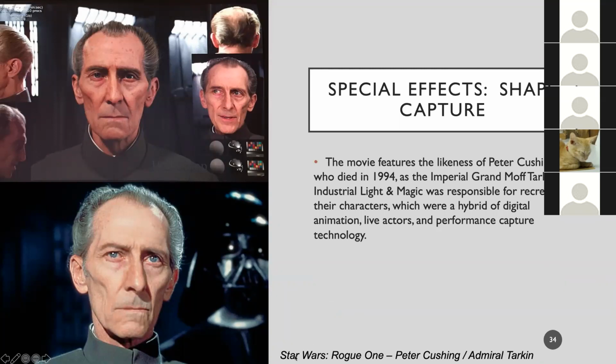I'm not sure if you watched Star Wars before, but in Star Wars Rogue One, I think they're trying to have a character, Peter Cushing, but Peter Cushing died in 1994. So what they do is they use digital animation, they use live actors, and there are some capture technologies to be able to recreate the character and put it in the movie.